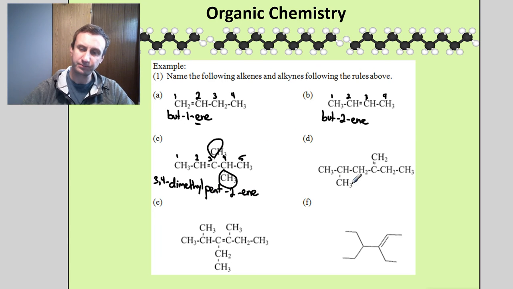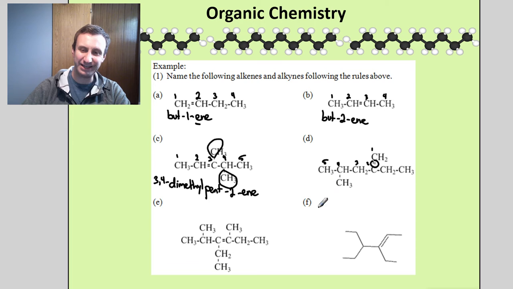For D, this one's interesting because I have this double bond right here. And that is not part of the longest chain, but I need to include double bonds always in the longest chain. So I have 1, 2, 3, 4, 5. And that way of numbering is better than going this way, 1, 2, 3, 4, 5, because here I reached my double bond on carbon number 1.